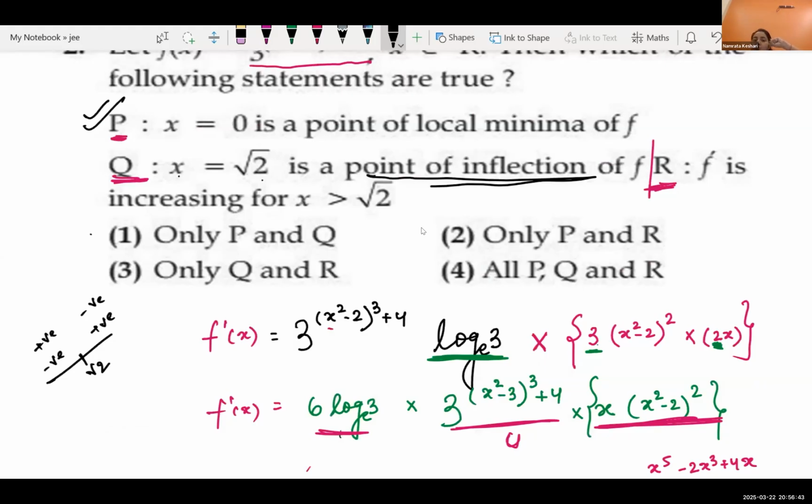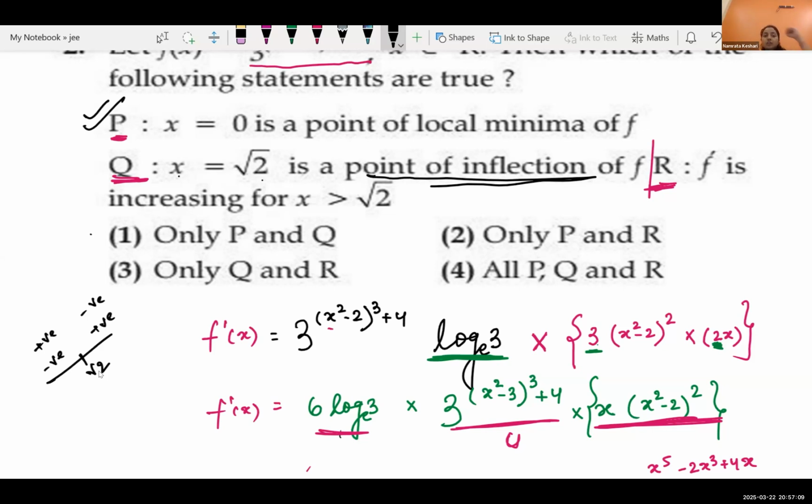From the first part, are you going to get a positive sign or negative sign? From the second part, you are going to get a positive. In general, the complete will be positive or negative. Only this much you have to get the idea, keeping the constants aside. So f double dash root 2 is 0. That is giving us the hint that root 2 can be the point of inflection.